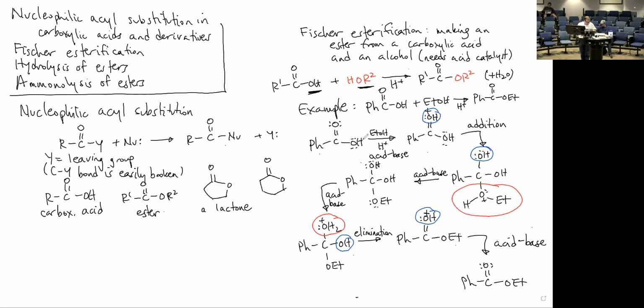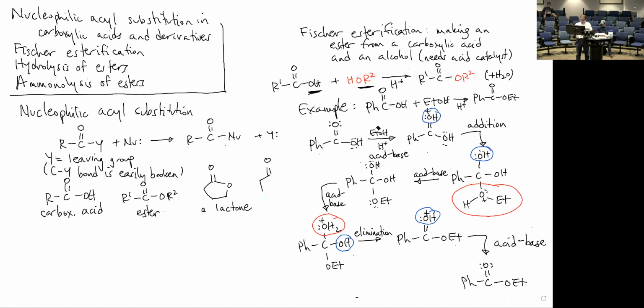Good. Let me just see. One other important point. You'll notice that Fischer esterification is something we say can only be done under acidic conditions. You'll notice in all of these schemes here, we always have acid added.